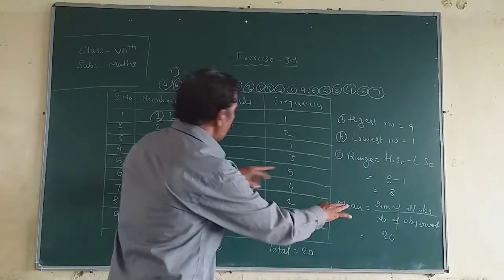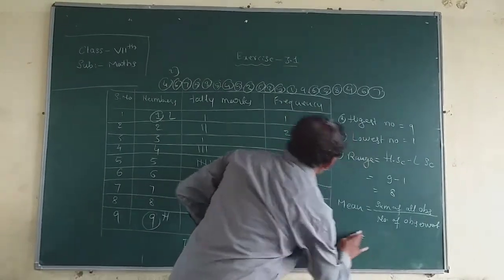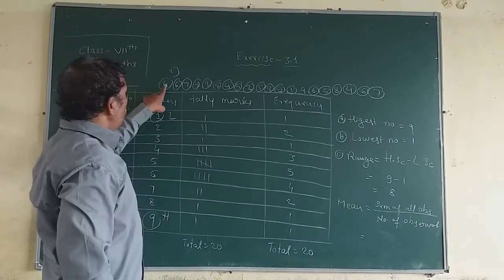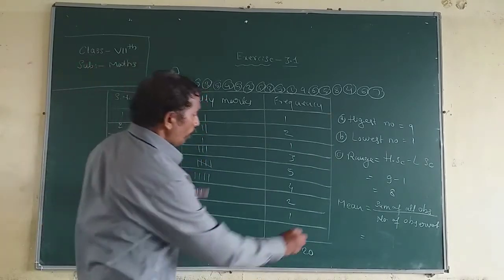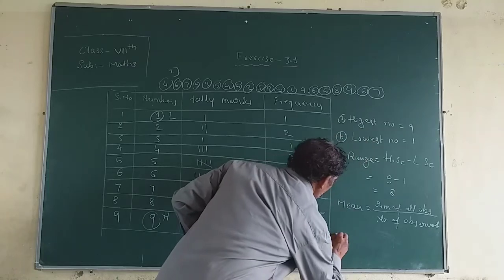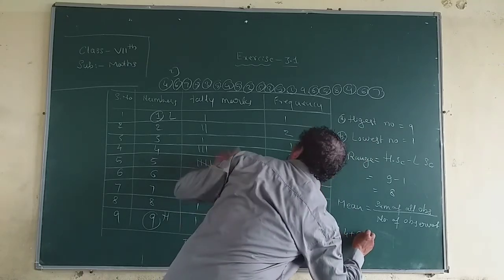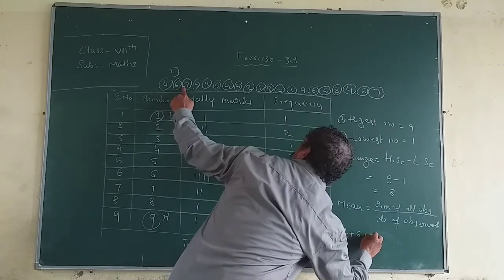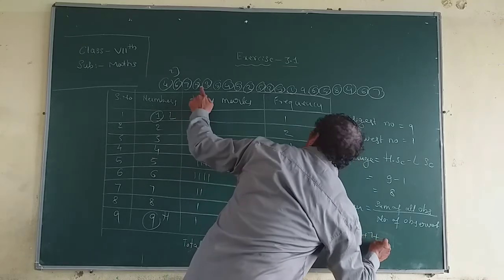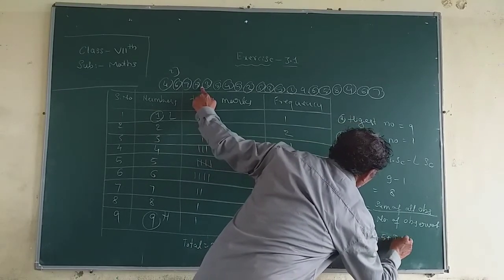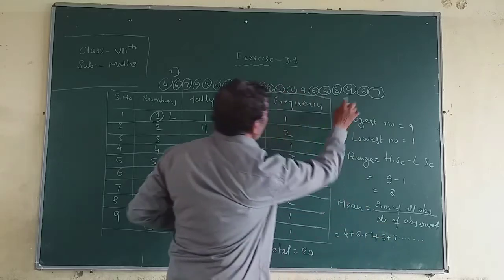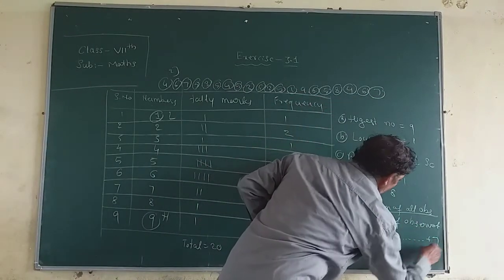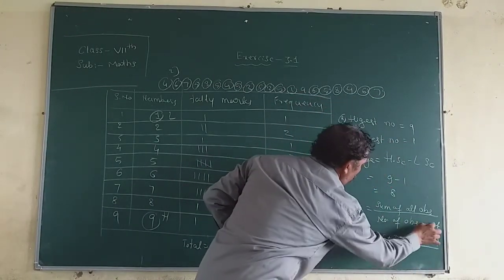Now take the sum of all observations: 4 plus 6 plus 7 plus 5 plus 3 and so on, up to the last number 7, divided by the number of observations.